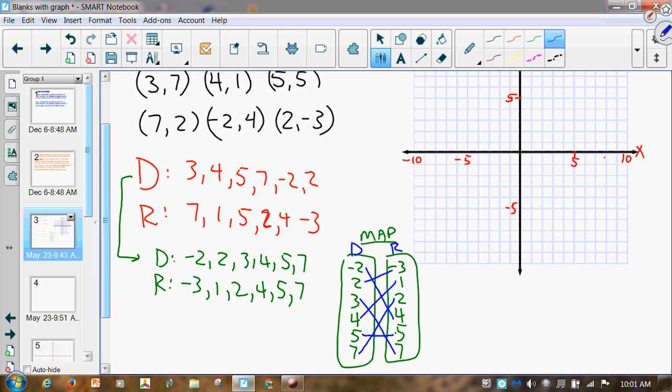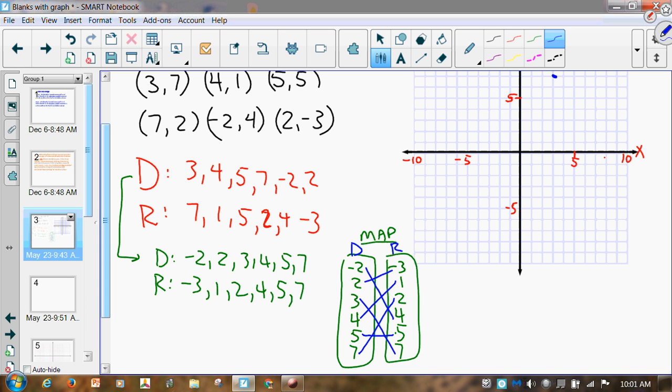map. Okay, notice that it lists the values in numerical order, but then connects those values with the correct pair. Okay, so what would this look like on a graph? 3, 7, we would go over 3, 1, 2, 3, and up to 7.